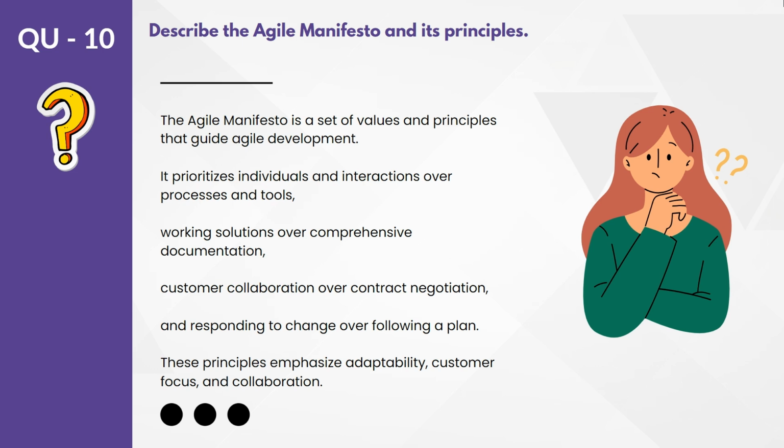But during the interview sometimes they pick one of these values and ask you to explain, for example, customer collaboration over contract negotiation. Why are we giving priority to customer collaboration over contract negotiation? So these kinds of explanations should be ready when you are appearing in the interview. Okay.